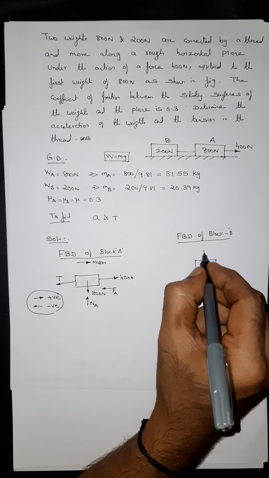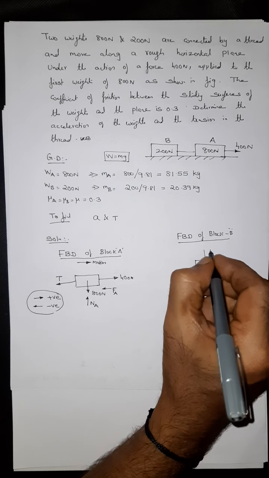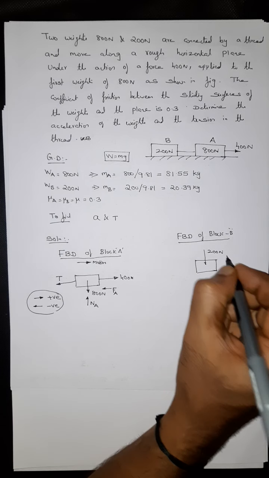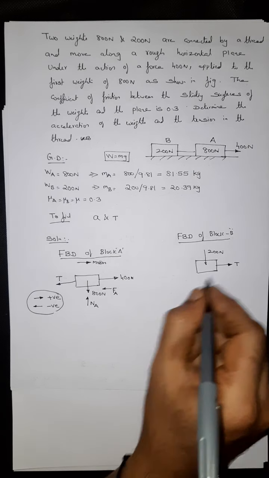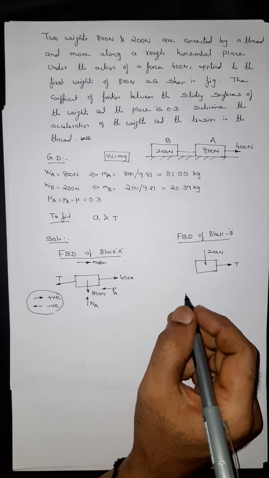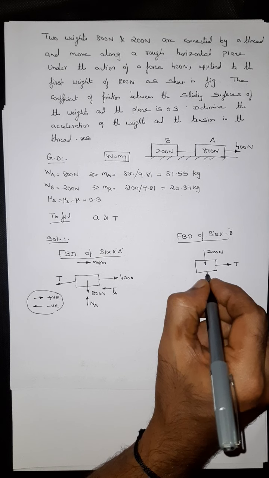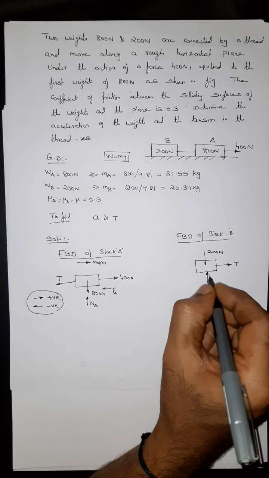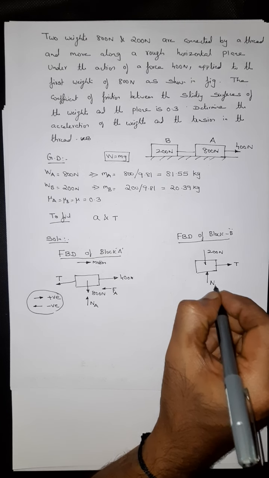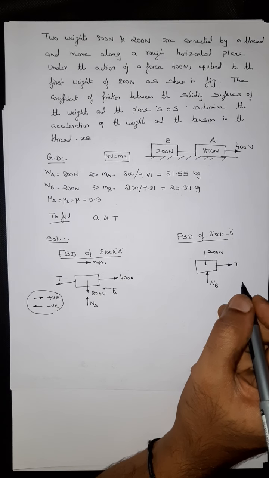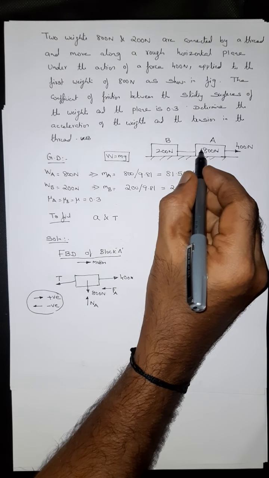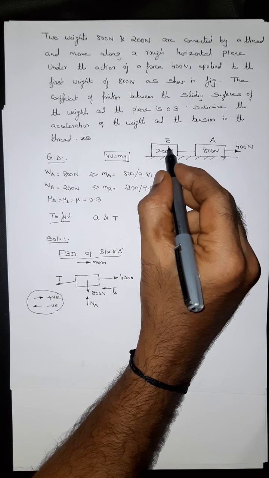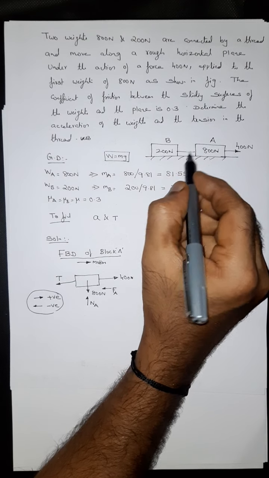The weight acts vertically downwards, there is a tension which acts away from the object, and there is a normal which acts perpendicular to the surface of the object, which can be mentioned as NB. Look at here, these two blocks, block A and block B, are tied by means of thread.